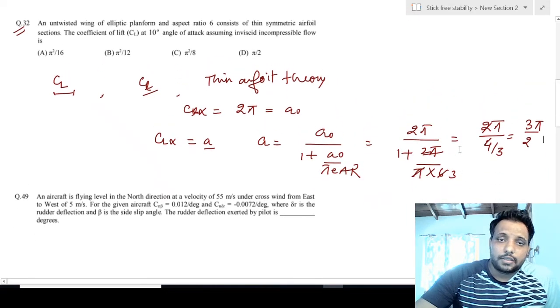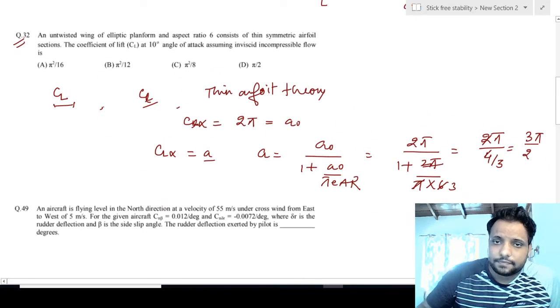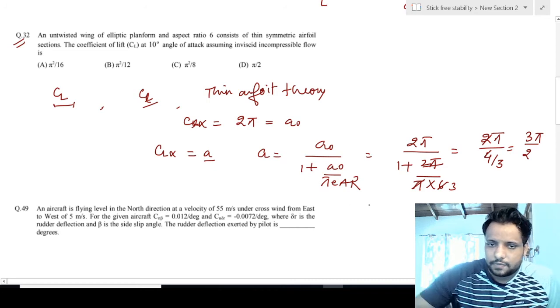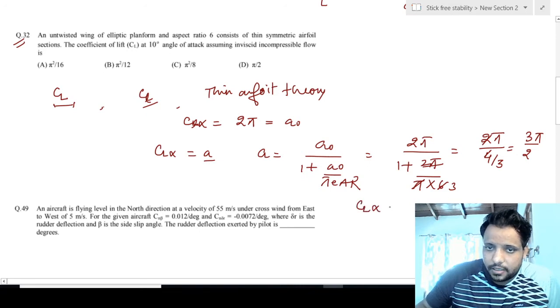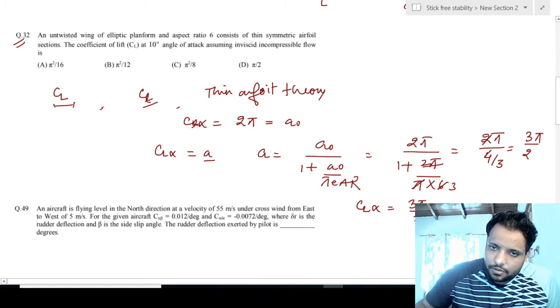Now this is A, this is Cl alpha. Okay, so this is Cl alpha. Cl alpha is 3 pi by 2. So what will be the value of Cl? Cl is Cl alpha into alpha, and alpha is given as 10 degree.